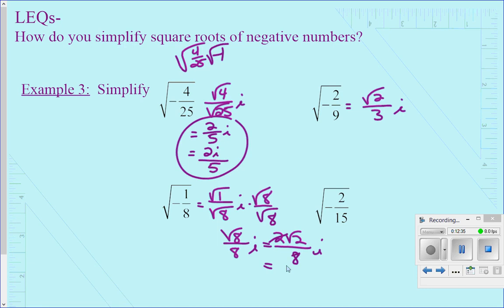And 2/8 simplifies to 1/4, so that's root 2 over 4i. Next, this is root 2 over root 15i times root 15 over root 15 gives me root 30 over 15i.